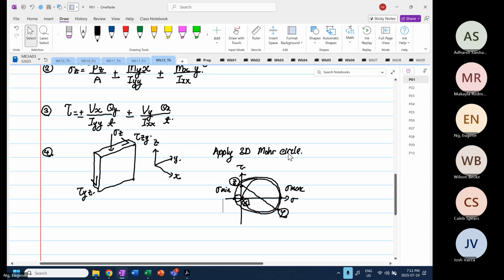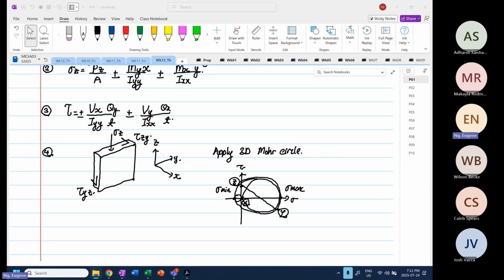Okay. And then with these values, what can we do, right? So I'm going to go to the textbook again. I need to look up some data.